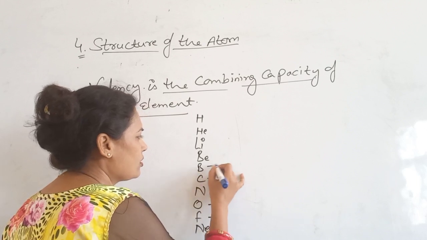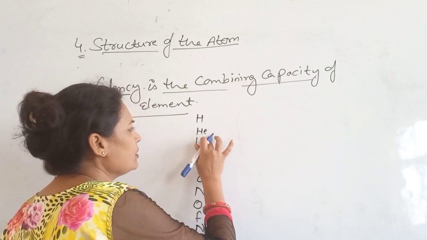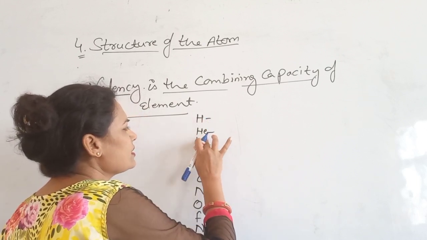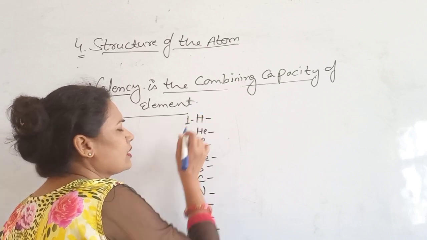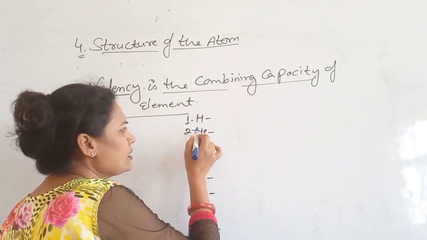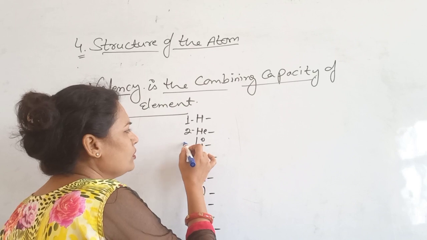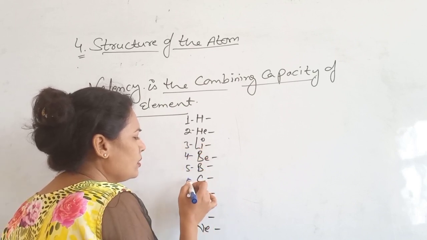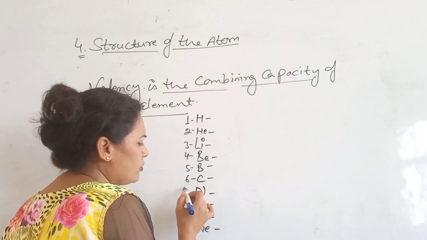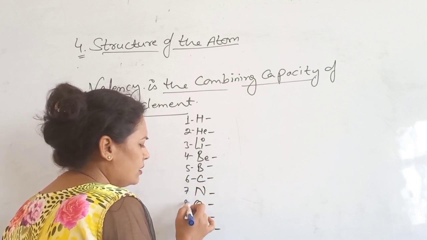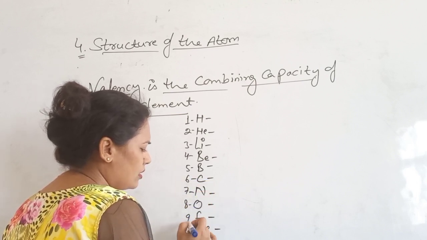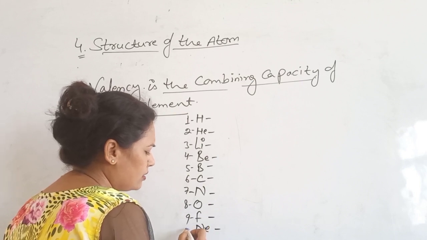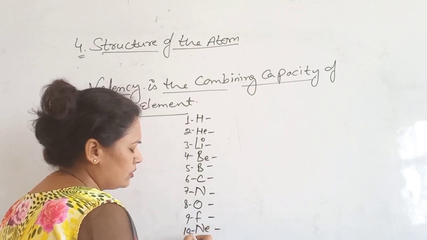Okay. So let us write the atomic numbers. First atomic number H 1, that is hydrogen, then helium 2, lithium, beryllium, boron, carbon, nitrogen, oxygen, fluorine and neon.